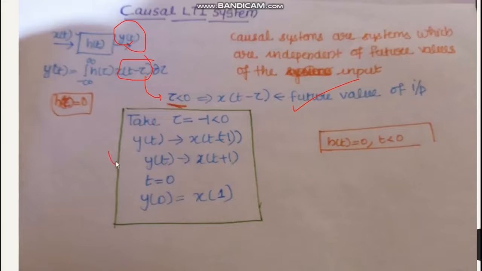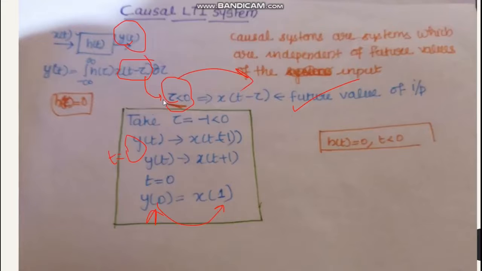Now put t equal to 0. You can see that y of 0 is equal to x of 1, because x of 0 plus 1 is x of 1, right? This is the present value, and with respect to it, x of 1 is a future value. So we understood that when tau is less than 0, our system depends on the future value.